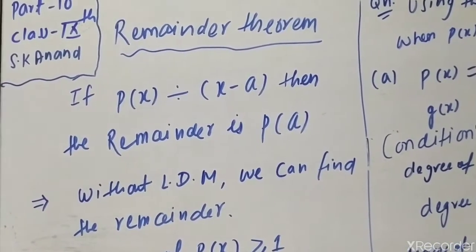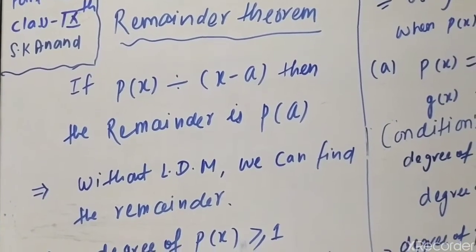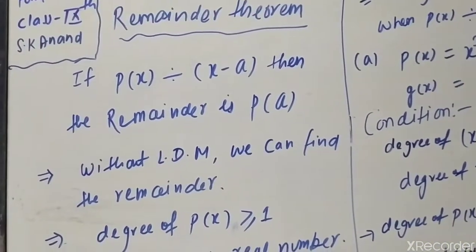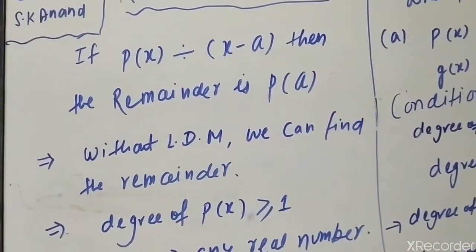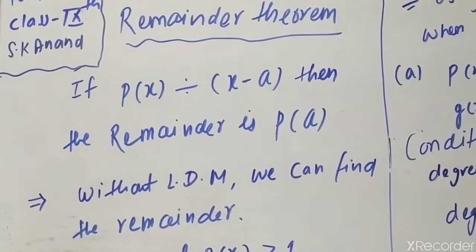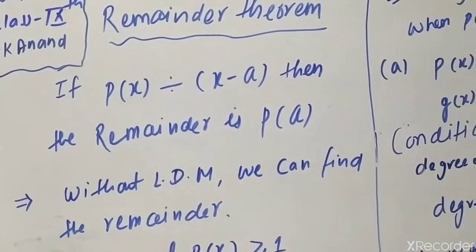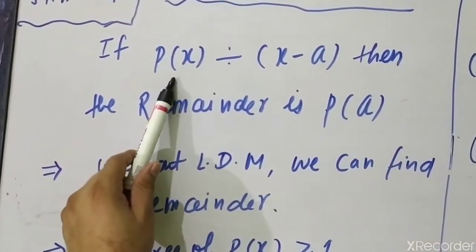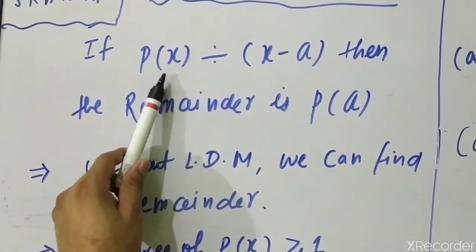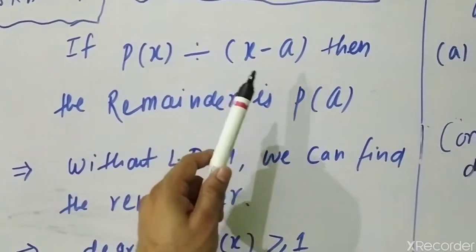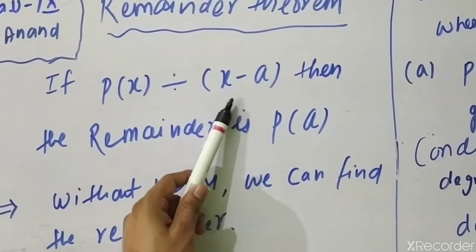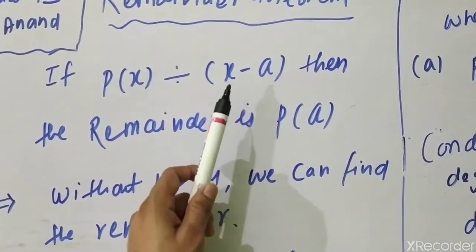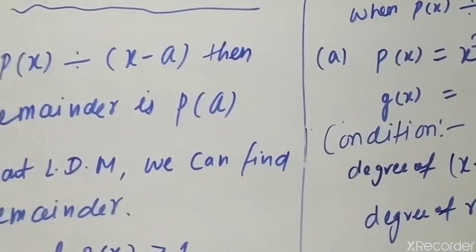So what is the remainder theorem? We are going to give you the concept and how we are going to calculate the remainder by using the remainder theorem. This is valid for only linear polynomials, meaning p of x can be of any degree greater than 1, but g of x should be only a linear polynomial.